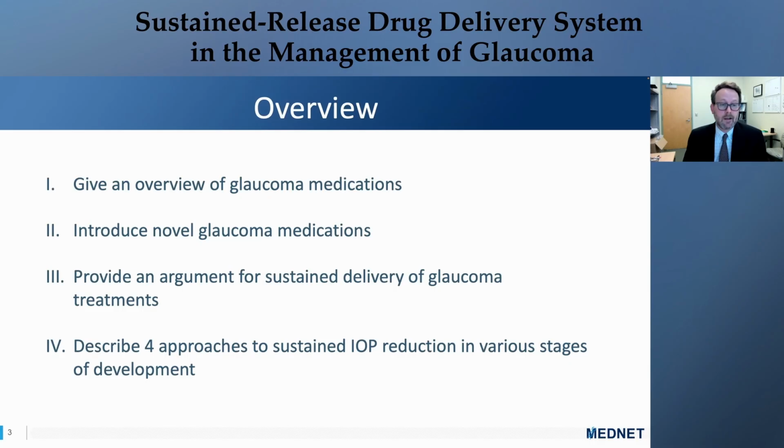I'd like to provide an argument for sustained delivery of glaucoma treatments and why it is going to be part of the future of glaucoma therapy. And then I'm going to describe 4 different approaches to sustained IOP reduction, and these are in various stages of development, one being FDA approved, some being in clinical development, some being in very early preclinical stages.